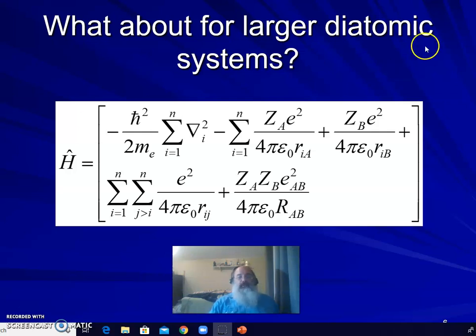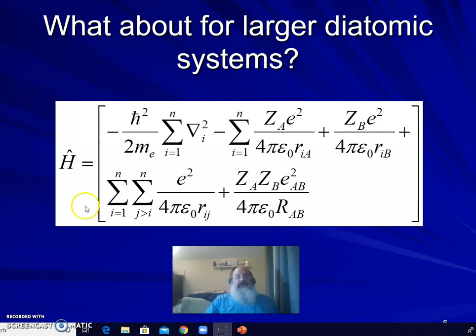So reviewing, how many terms do we have? We have lowercase n, the number of electrons. That's how many kinetic energy terms we have for electrons. We have potential energy of attraction terms. We're going to end up with 2n of those in a diatomic molecule.